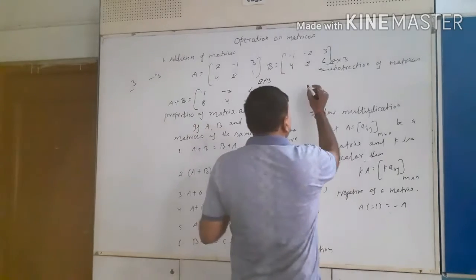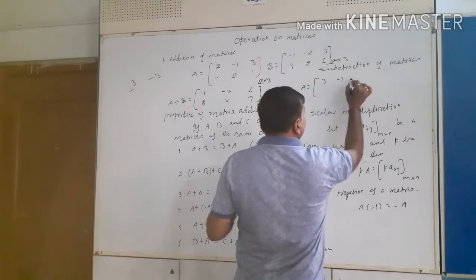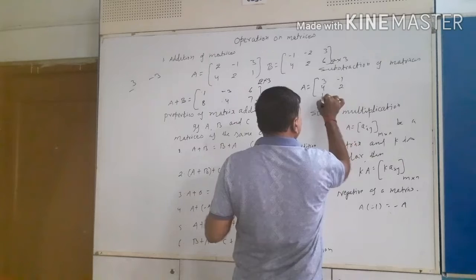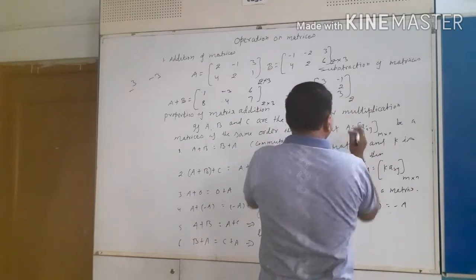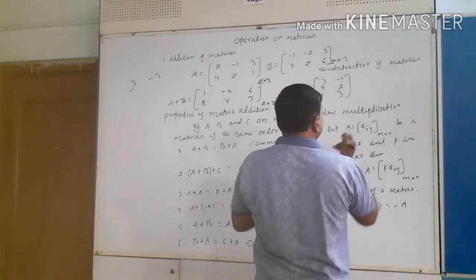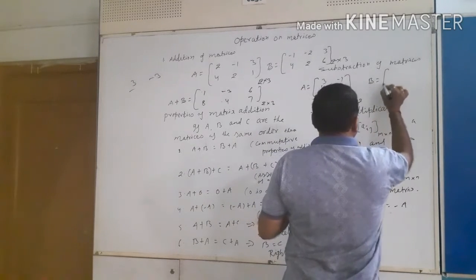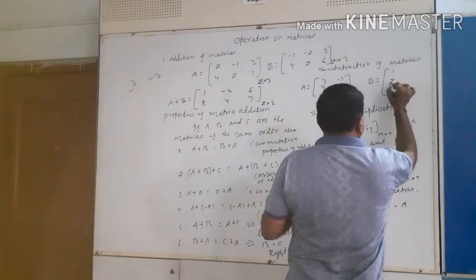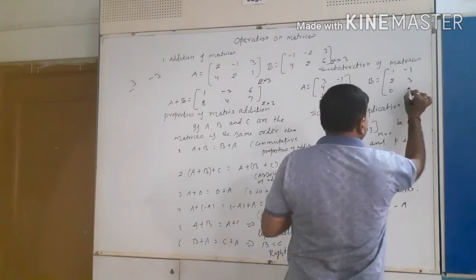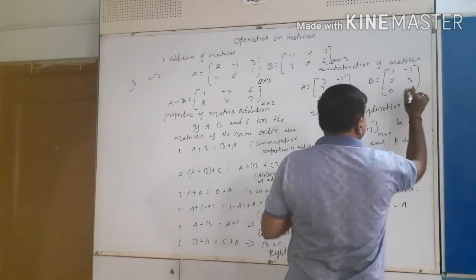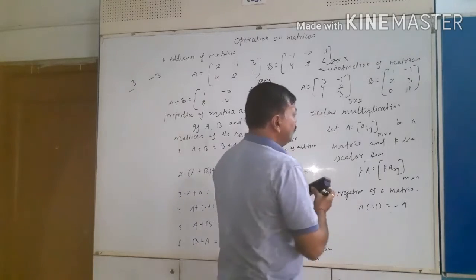Suppose I write A equals 3, minus 1, 4, 2, 1, 3. It is 3 by 2. And B is 1, 2, 0, minus 1, 3, 1. This is the same order.